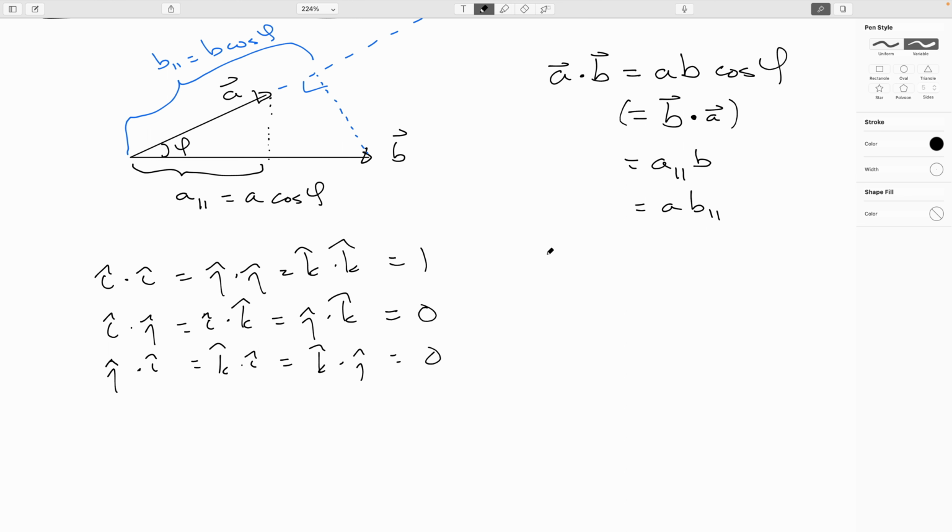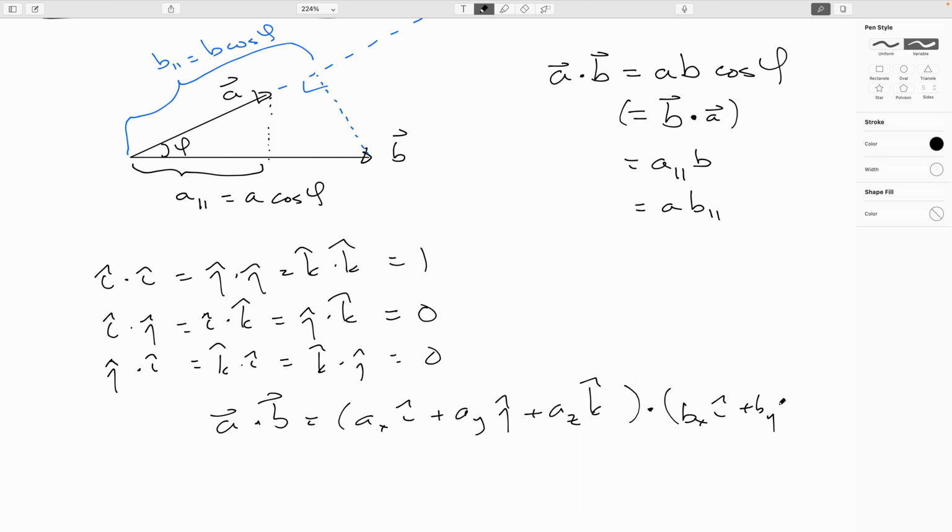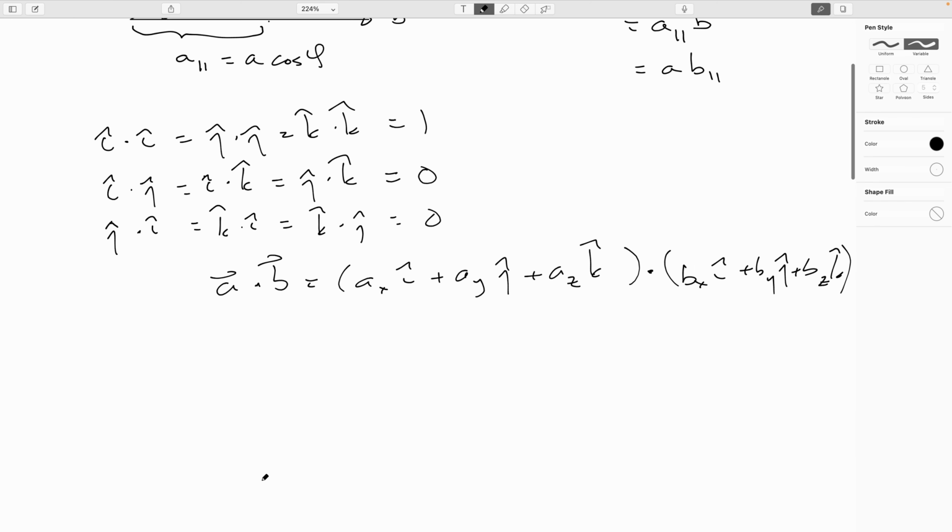So if we break this apart, A dotted with B would be AX I hat plus AY J hat plus AZ K hat dotted with the same thing but B's.